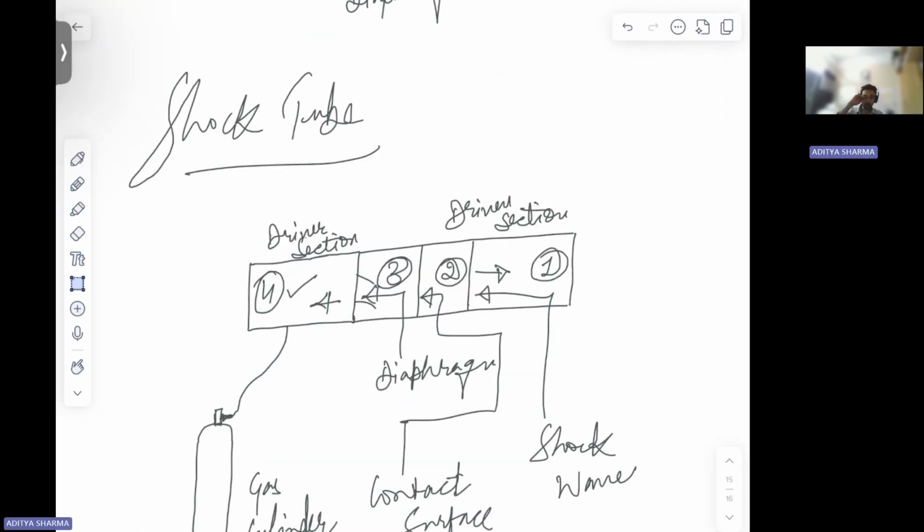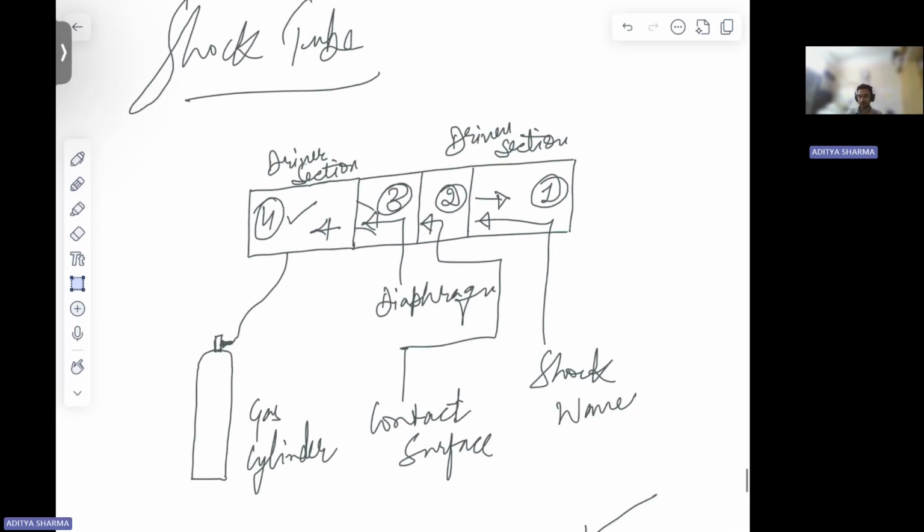Now in shock tube, what happens is that you have only a driver section and a driven section, and they both are separated by a diaphragm. So this basically is used to study supersonic flows, a shock tube. So we pressurize the driver section and the diaphragm bursts, giving rise to shock wave.